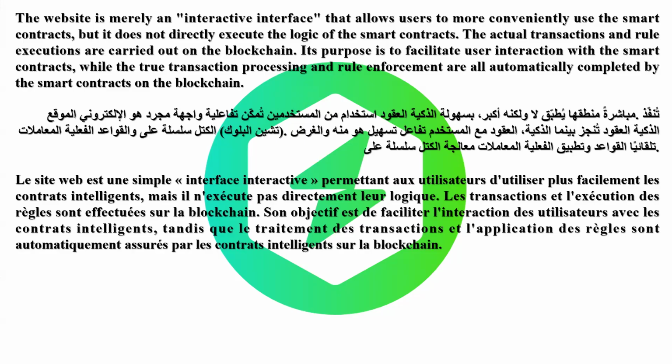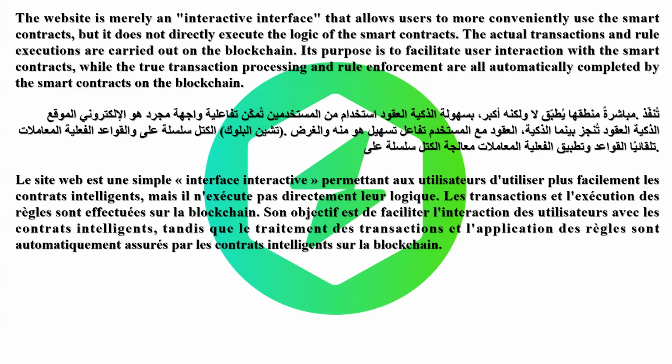Okay, so the website and the blockchain are two different things. You cannot think it is the same. The website is just a display. The actual transactions and rule executions are carried out on the blockchain.